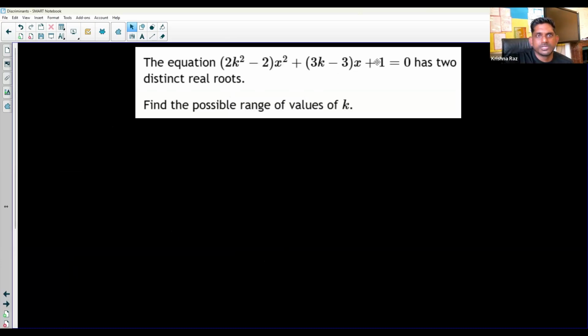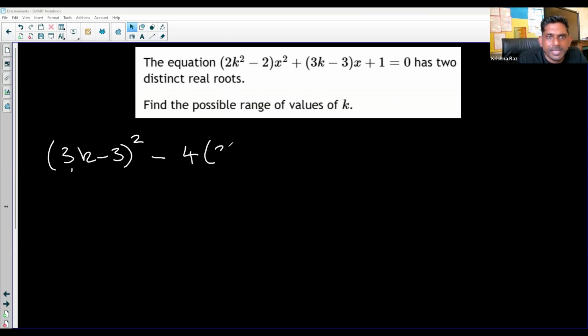This time we have two distinct real roots. Find the range of values of k. So b squared, 3k minus 3 squared, minus 4 times a times c. Two real roots means this is greater than 0. So I need to expand the left-hand side and simplify first.